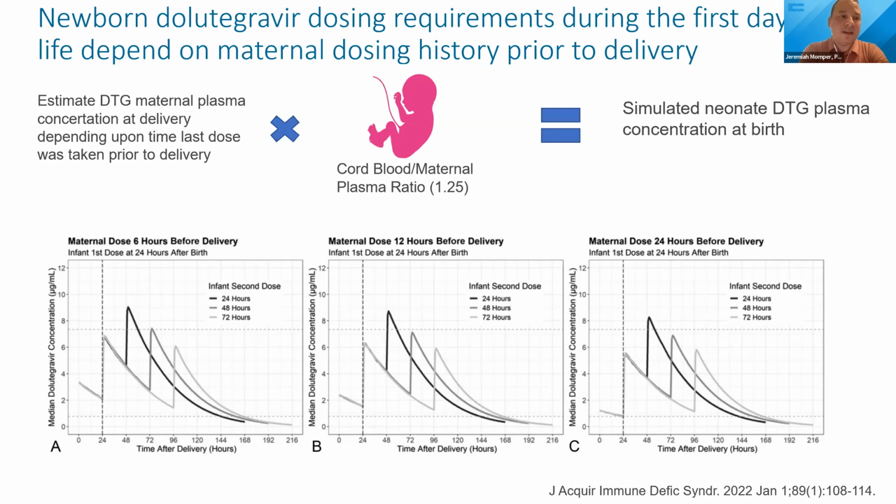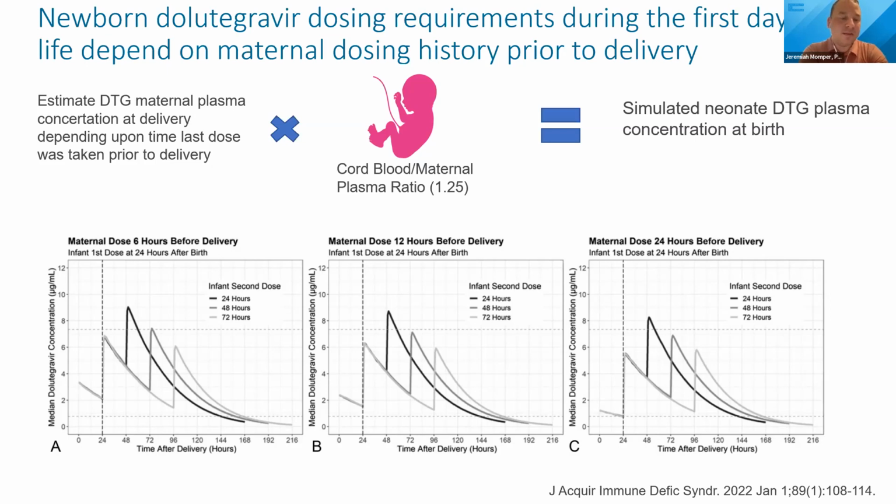And so we developed population PK models separately for the mom and the infant, and those are linked by the dolutegravir concentration at the time of delivery. We also multiplied that by a cord blood to maternal plasma ratio that was based upon the cord blood, of course.